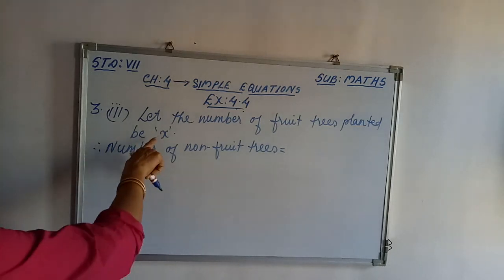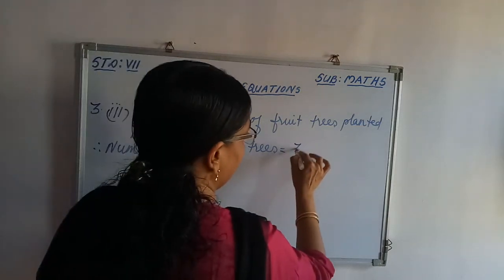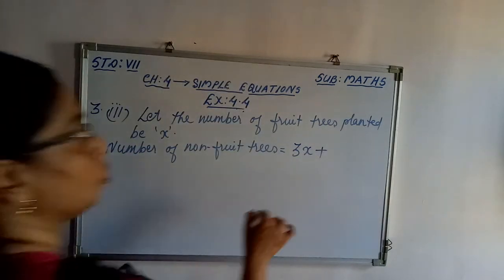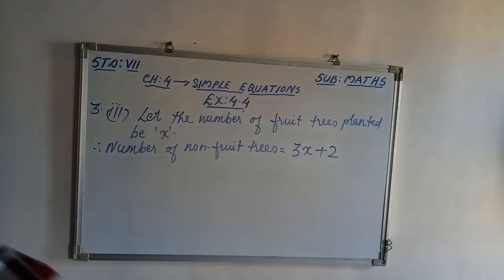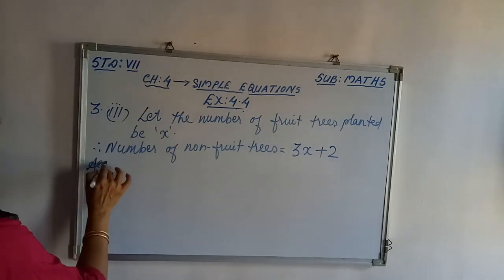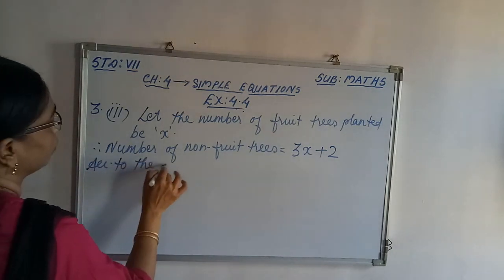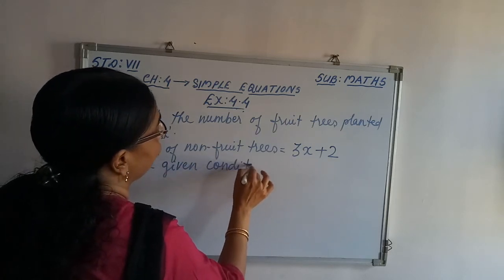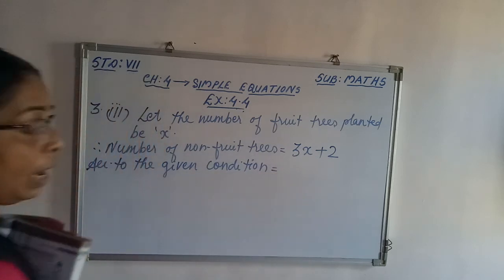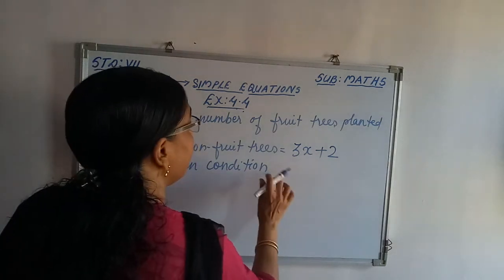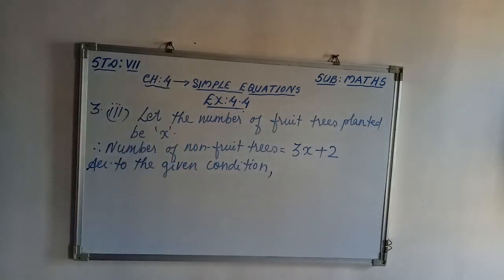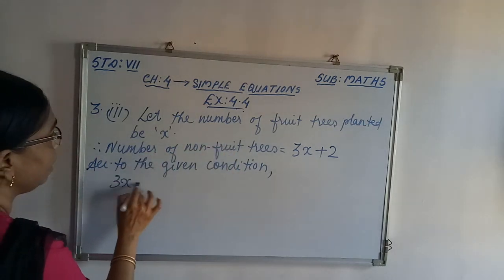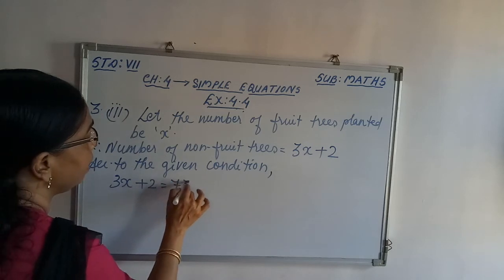So 3 times the number of fruit trees means 3x, plus how many more? 2. 2 more than, so plus 2. In the question it is given how many non-fruit trees there are, that is 77. So according to the given condition we can write 3x plus 2 is equal to 77.